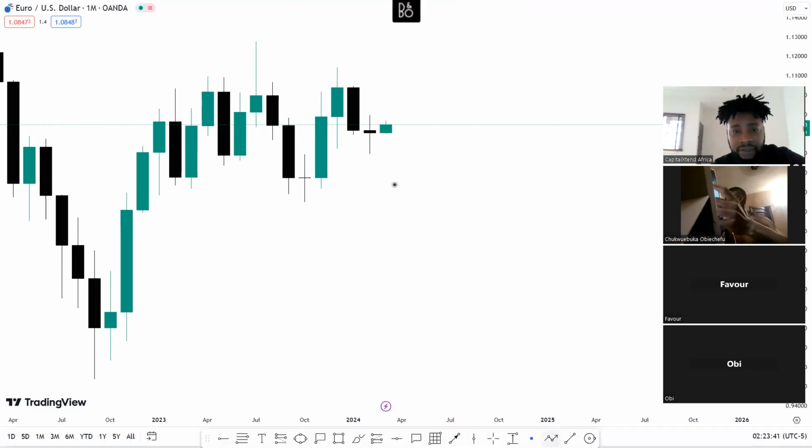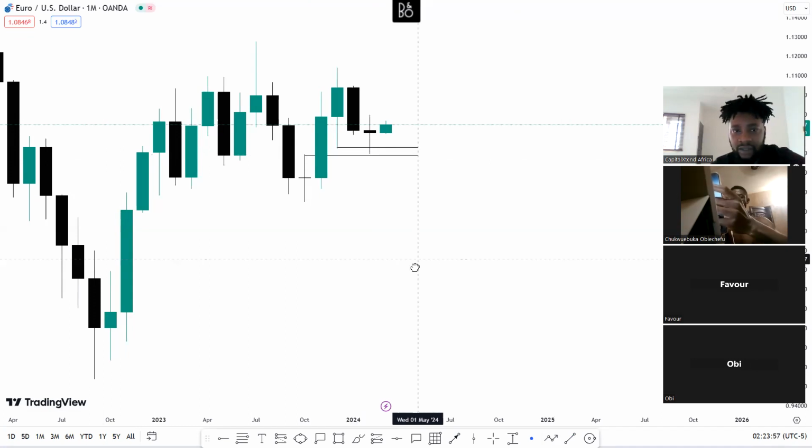So I have this internal range liquidity here, which is our monthly fair value gap. And the month of February actually closed perfectly well above our monthly fair value gap.